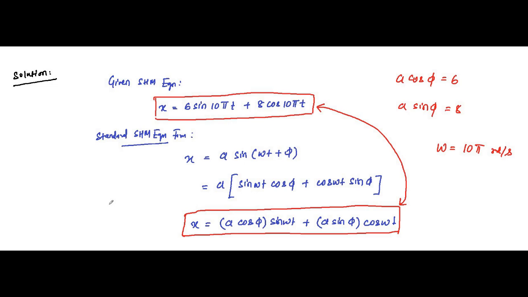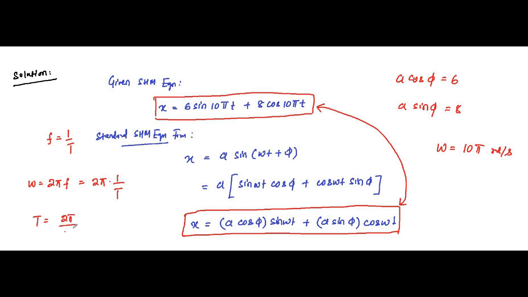Now we know that angular frequency is equal to 2 pi f, where f is the frequency in second inverse or hertz, or we can write it as 2 pi into 1 by T. f is equal to 1 by T. So T, the time period, will be equal to 2 pi by omega.